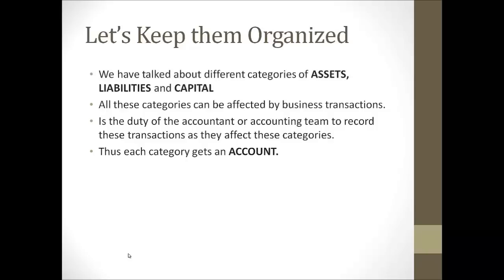So just like if you had a check register, whenever you take money out, you take it out of the check register, or whenever you put money in, you put it in the check register, or you see your online statement and you see that happen. It's the same thing that will happen in the accounting books. Every time there is a transaction, you have to actually record that this transaction occurred. And we're going to use accounts, or accounting systems, to be able to show how these transactions happened.